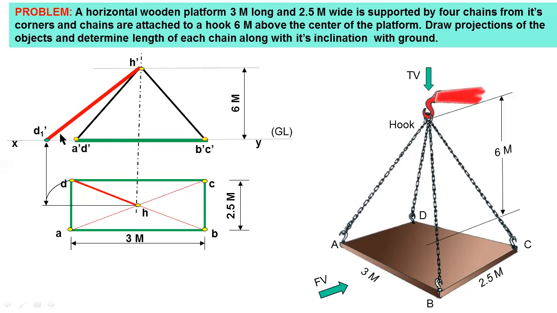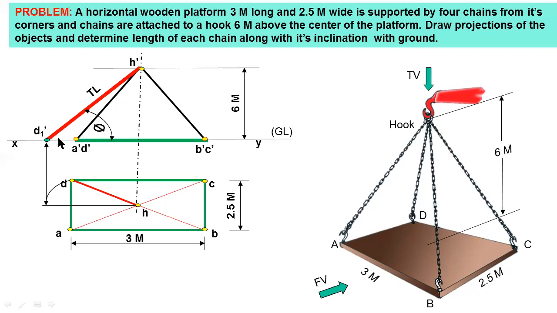And then you have to find the inclination between the horizontal plane, that is the XY line, and the true length line. The angle is phi. This angle phi is the inclination with the ground. The angle of inclination of each chain with the ground is equal to phi.